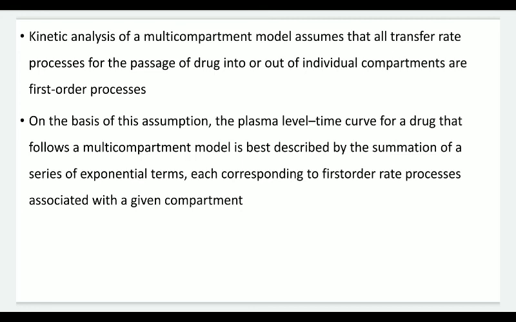The concept of the multi-compartment model is slightly complicated, but ultimately it would help us to understand that the movement of drug after administration within the human body follows first order reaction, and this would help us to calculate various pharmacokinetic parameters.